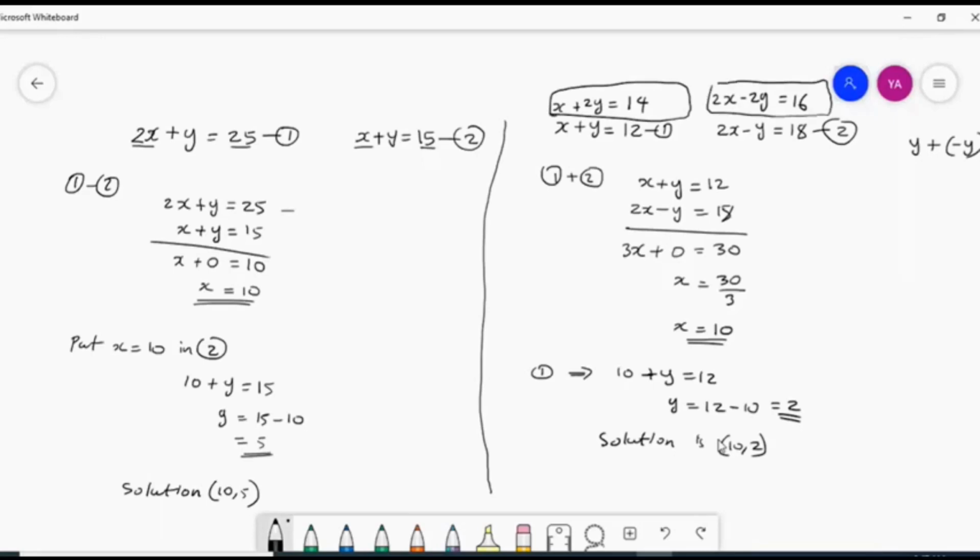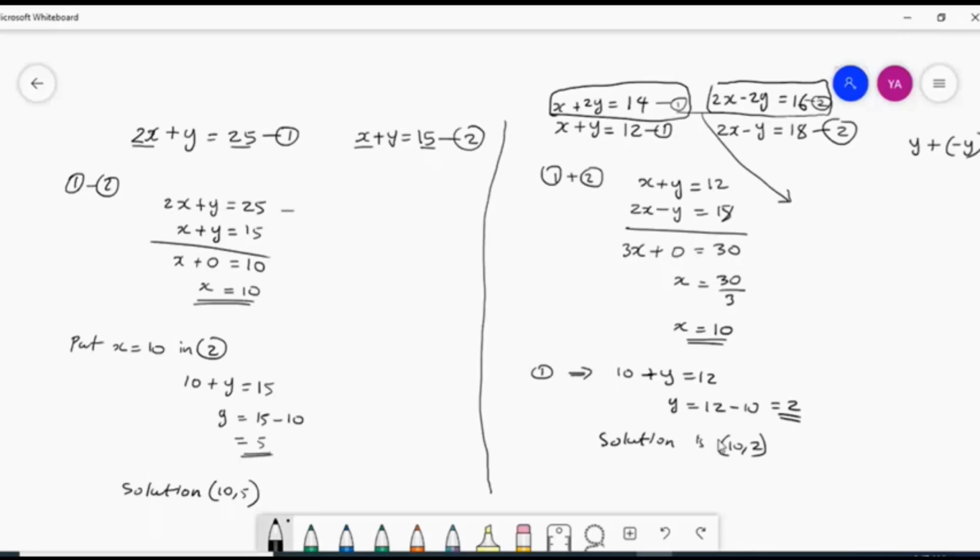Then you can also do the same, right? Add 1 plus 2. The plus 2y and minus 2y will be cancelled, will be removed, right?